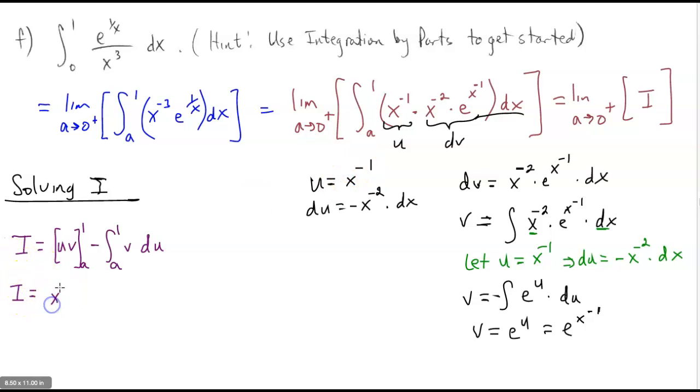I'll write it as x raised to the negative 1 for now. And our v is going to be e raised to the x raised to the negative 1.